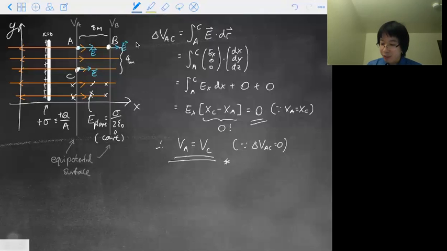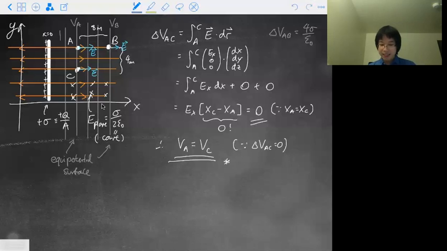There is a potential difference between A and B. It's whatever that number was that we calculated, if it's 8 meters apart. But on this line, on this surface, the potentials are the same. Okay, so I can generalize this idea, and basically every straight line like this will have the same potential.